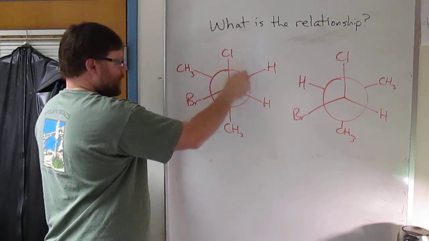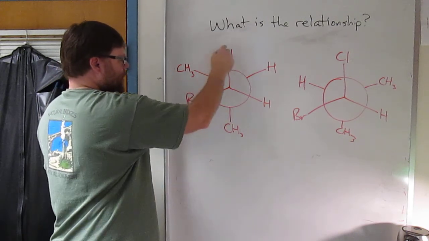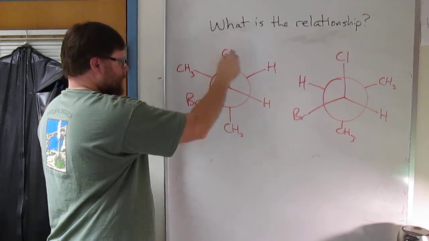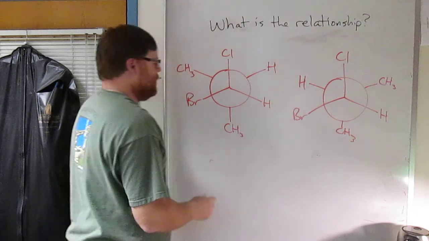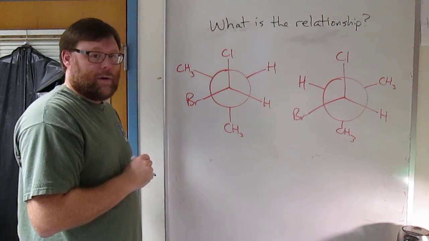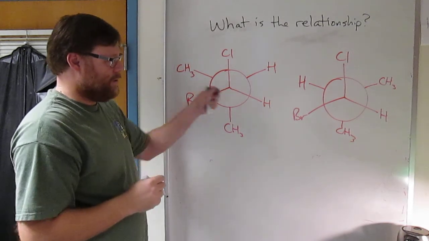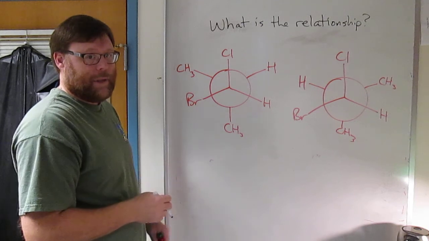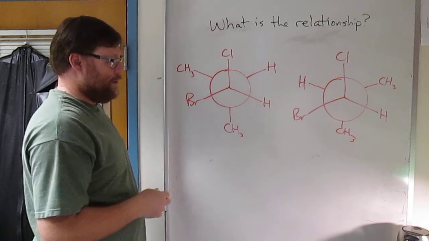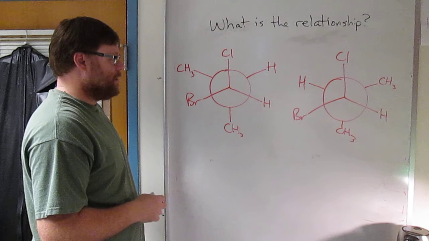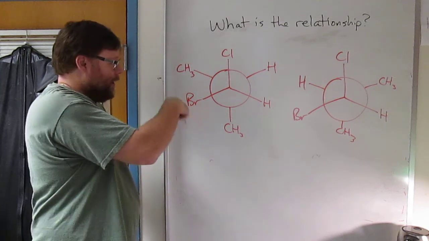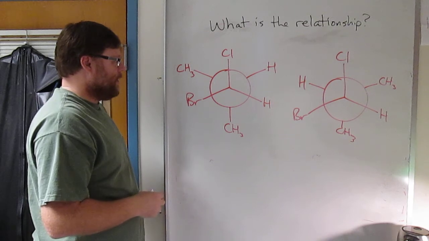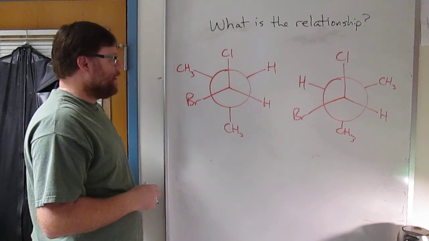So bromine, chlorine, H. If we go bromine to chlorine to H, that's a clockwise circle. On the right, bromine to chlorine to H is a clockwise circle. The configuration of the front chiral carbon in these two structures is the same. If you want, hit pause and you can go through and calculate R and S and come up with that. I didn't just calculate R and S. I'm just holding it in one conformation with the same priority group back.